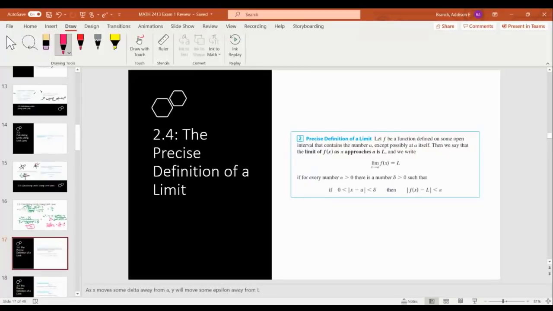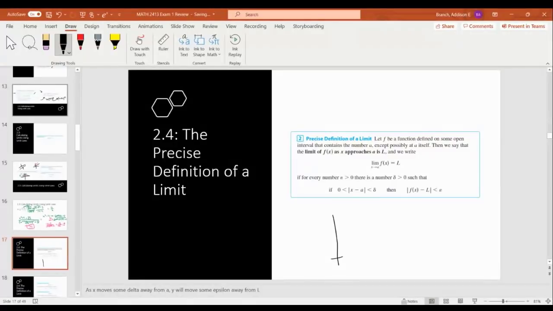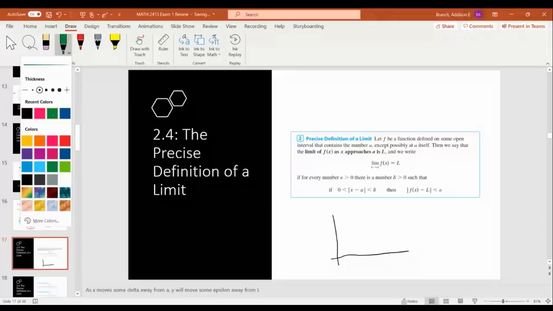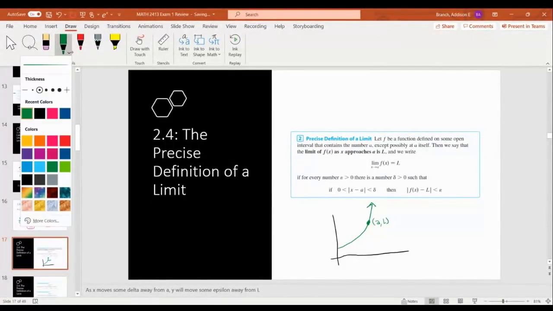So let's go ahead and actually think about this graphically. Essentially what this is saying is if we have a graph and we have a function and we have our point, and we can say that this is going to be at (a, L), we can move up or down in some direction along this function.